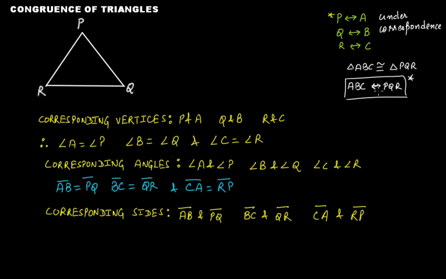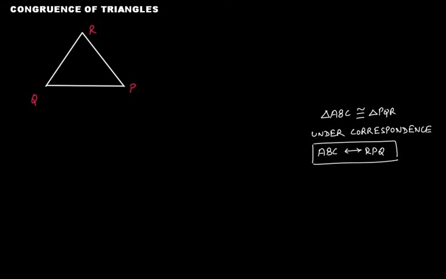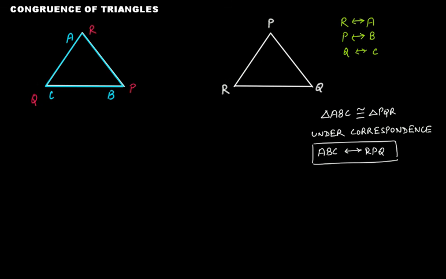Here ABC corresponds under correspondence PQR. Okay. Therefore, if someone asks you what will be corresponding vertices, the corresponding vertices in this case will be A and R, B and P, C and Q.